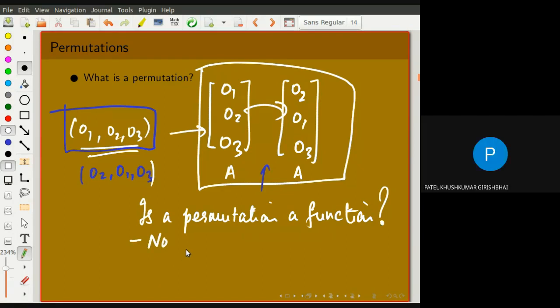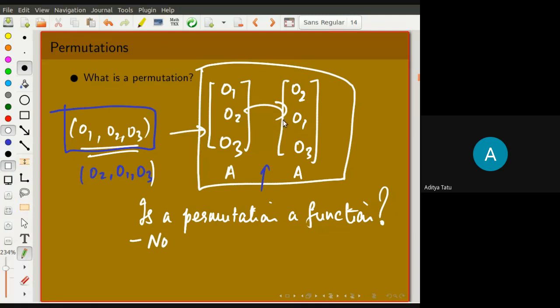Because it will be a random permutation, right? So what do you mean by random? For example, if I give you three objects, O1, O2, O3, this is a permutation, isn't it? Yes, sir. So can't I see this as a function? No, sir, because in a function each element should map to some other element, and here no mapping is there.